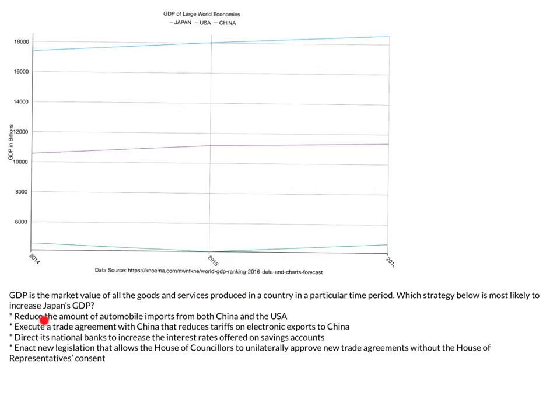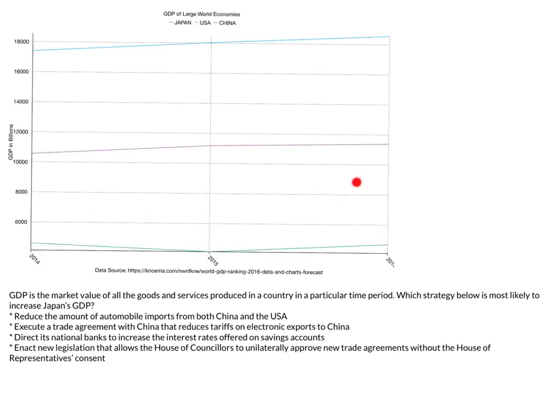So the first one, reduce the amount of automobile imports. Well, if we're going to reduce the amount of automobile imports from China and the USA, that might provide other benefits to the economy, but that's not going to necessarily increase the value of goods and services. Now, you might think, well, if they took in less Chinese and USA cars, maybe they would make more Japanese, but this doesn't show us anything about Germany.